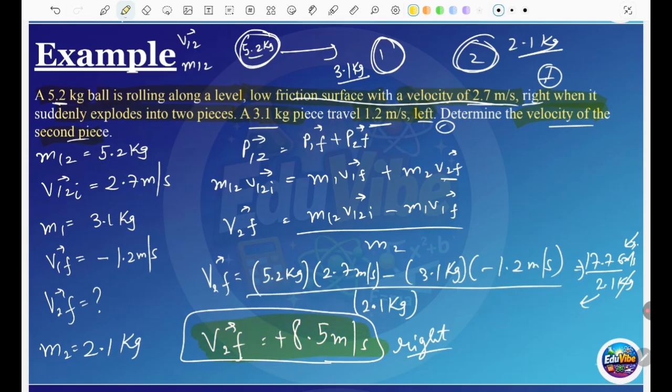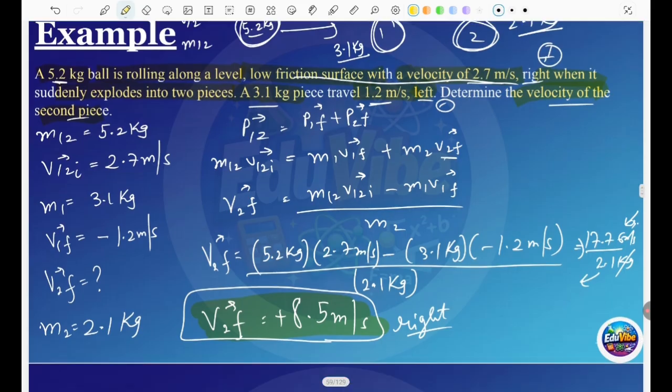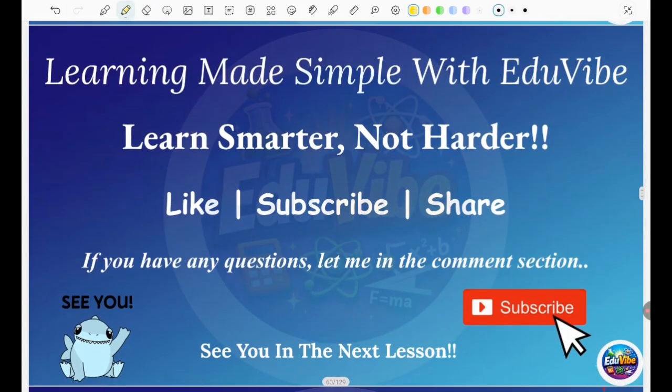So that's how, if you get more complex explosion questions, that type of question you get. Now the previous one is what we did earlier. So that's all for this lesson. We are left with one topic of momentum in one dimension, but we completed the major part of this topic, which is collisions and explosions.